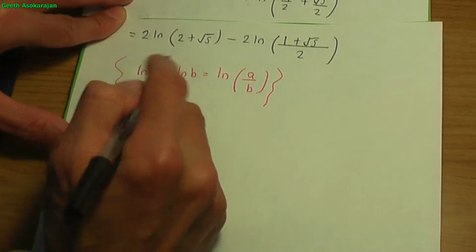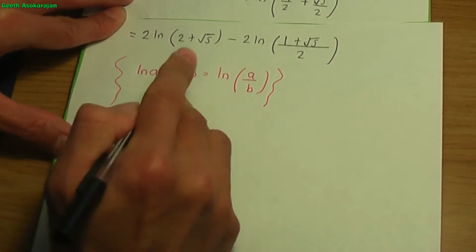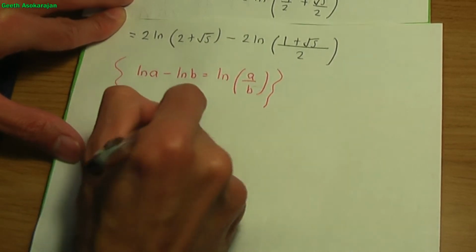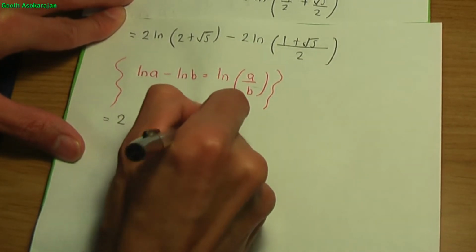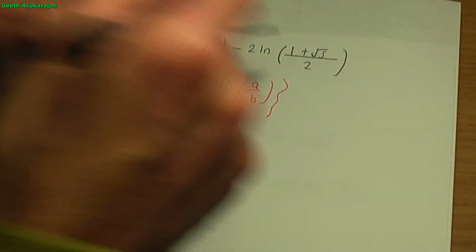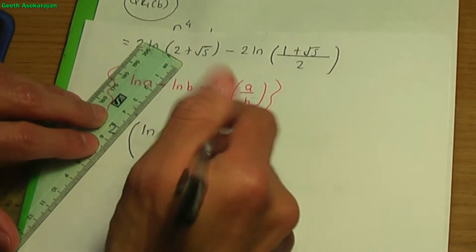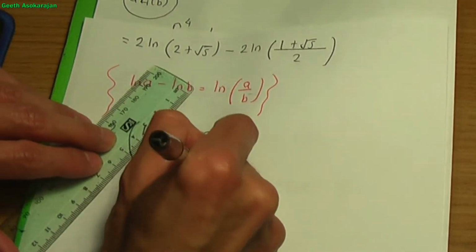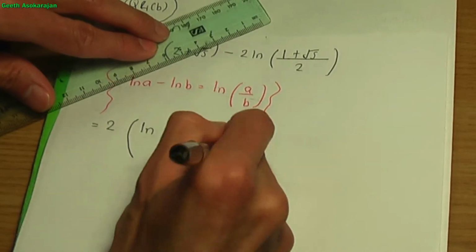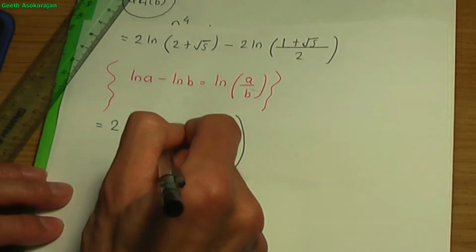So if I take a 2 common factor, and if I use this law, I can rewrite this as ln of 2 plus root 5 divided by 1 plus root 5 over 2. So just be careful when you apply the law. So that is the law being applied.